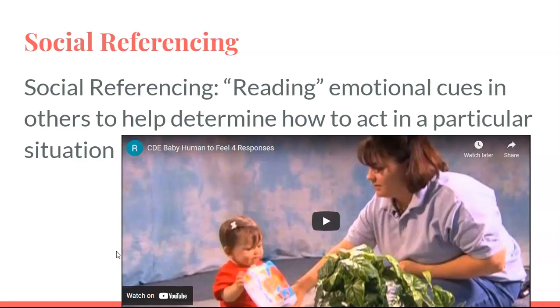So if something in the environment comes in and it scares the parents, and the father is frightened, then the child will pick up on that emotional cue from the parents and will also exhibit those same types of fearful emotions, fearful expressions, because they are referencing their parents to understand how to act in that situation.